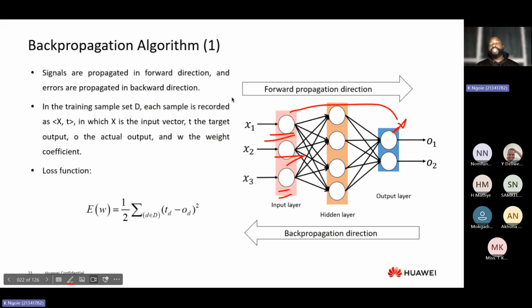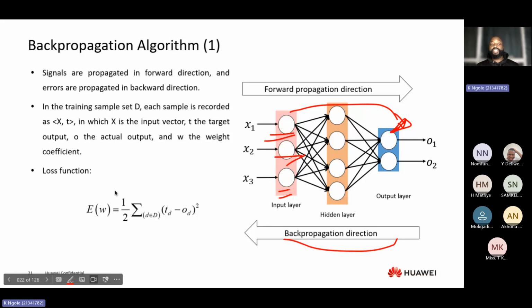But the backpropagation algorithm is when we're trying to find the error. The way the machine works to find the error and see where the cost is, is it goes in a backward direction, the backpropagation direction.